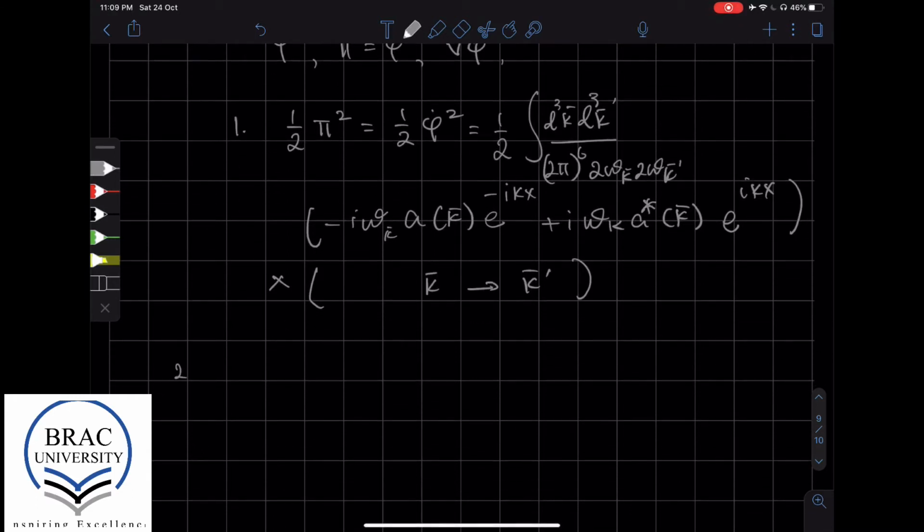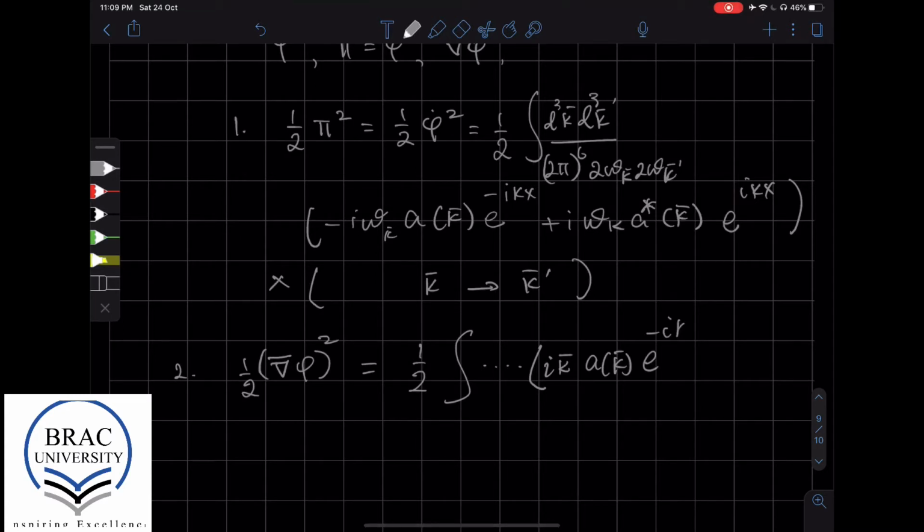And then number 2 is the potential energy term, which is due to the spatial deformations of the scalar field. Similarly, we're going to have the same integration measure, and then inside we're just going to have, instead of minus i omega k, in the first term, i times the 3-vector k, and then a of k, and again e to the power minus i kx.